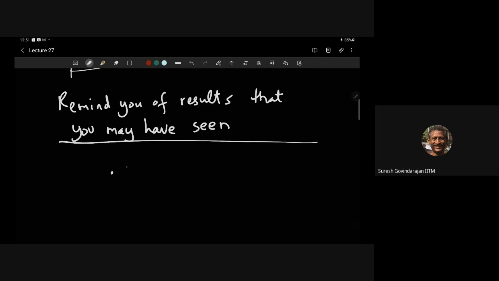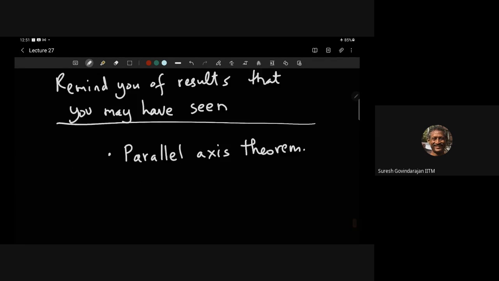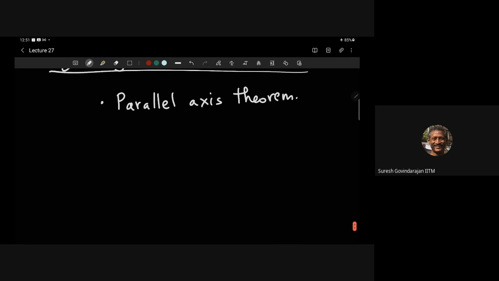One of them is called the parallel axis theorem. What does it say? The other one is called the perpendicular axis theorem. Do people remember these things? Okay.